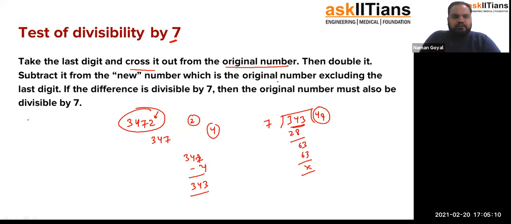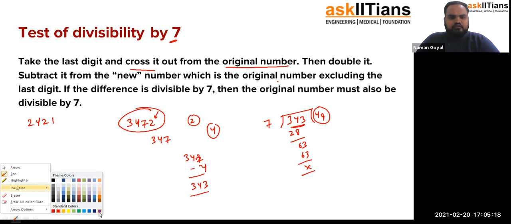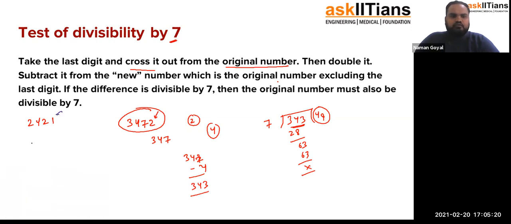If we take the example of 2421, we first remove the last digit, so we get 242 and 1. Now we double the last digit and subtract it from this number, so we get 240. Now if 240 is divisible by 7, then we can say that the whole number is also divisible by 7.